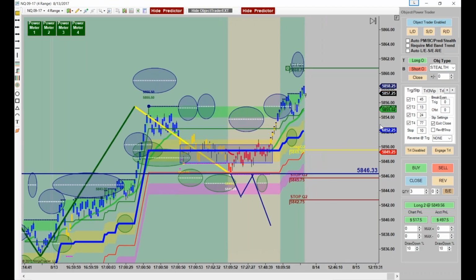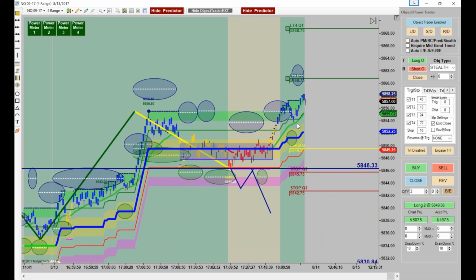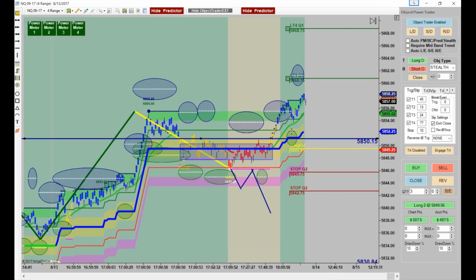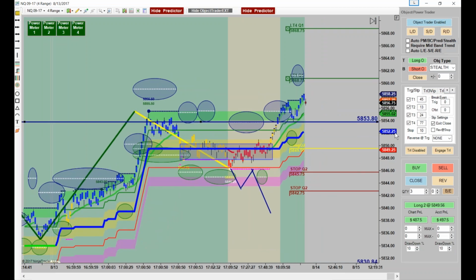Now, as far as what we call your micro trend, you can go ahead and take your coin off the table if it takes out your micro trend. Everybody knows that, right? And then you could always get back in. Watch for lightning one. You know, for instance, if I'm in two here and I want to go ahead and get out on lightning one, I just simply do this with at least the amount of contracts that I'm in.